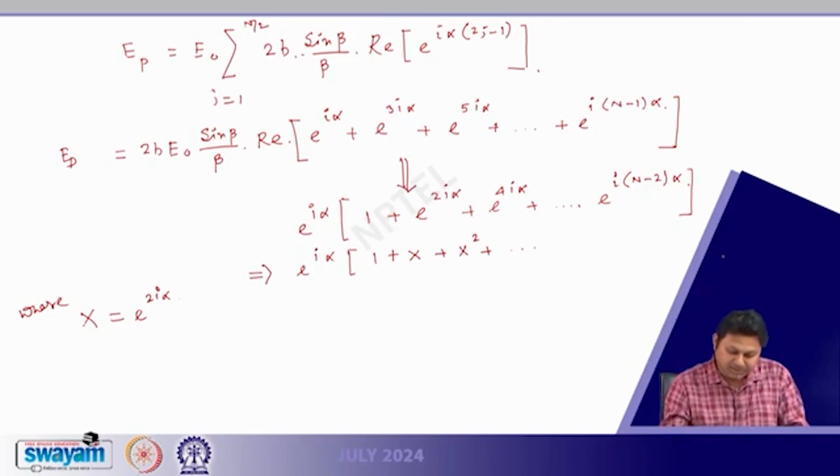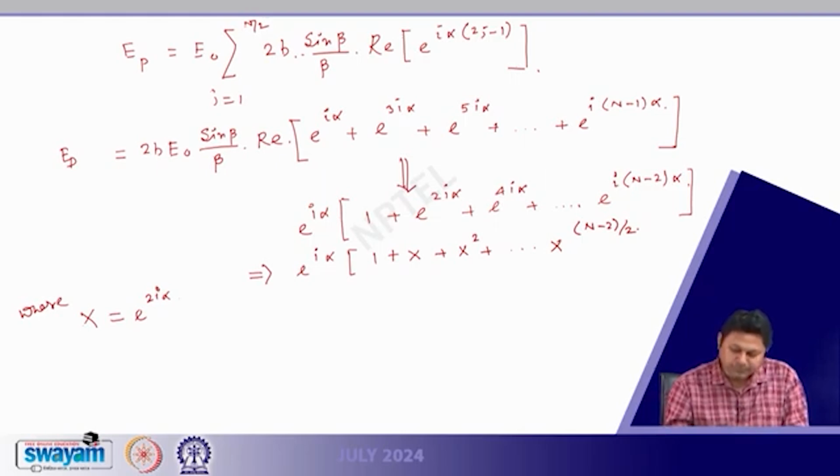So, this term will be x to the power n minus 2 divided by 2. Okay. That will be our last term.